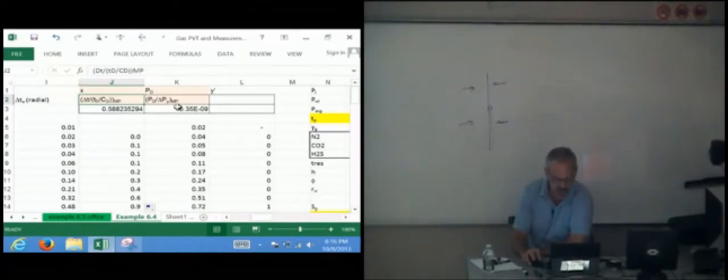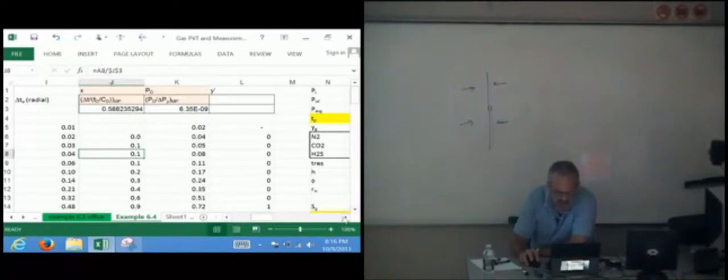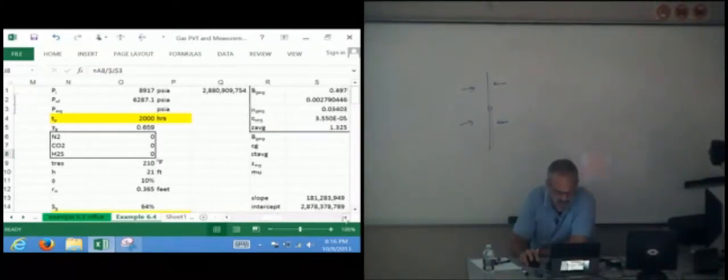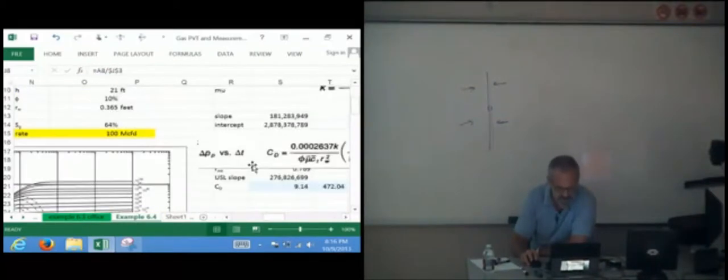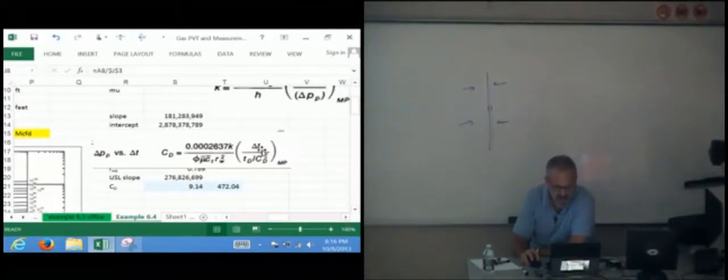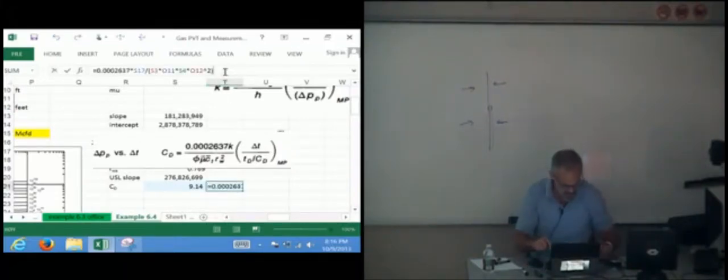So here I should multiply, and here I should divide. Now, that's not going to help me with my problem over here, but at least I have the units right. And if I have delta T over, I should multiply by that number.